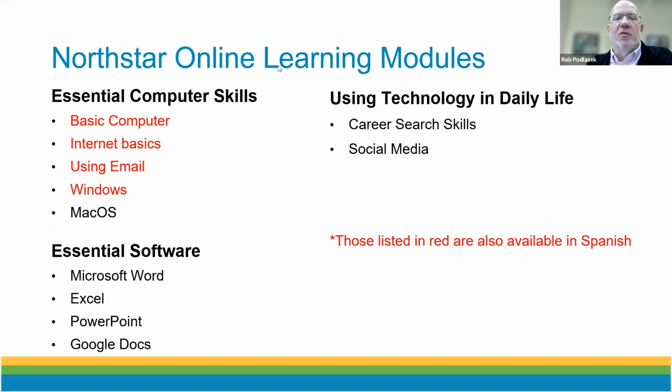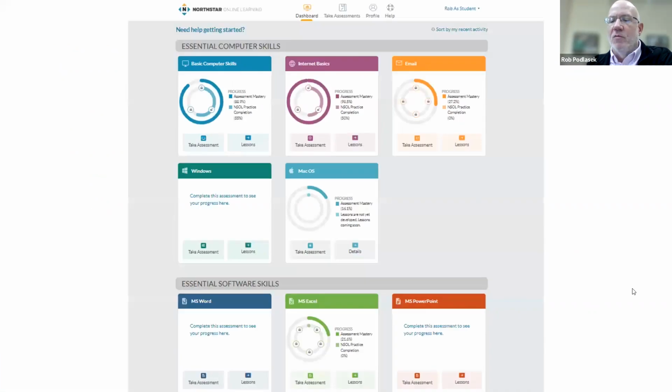Access them through the learner dashboard, which we looked at a little bit earlier. Looks like this. You got the Take Assessments button that people were clicking on to get to that assessment page, but the lessons page will get them to the actual lessons.